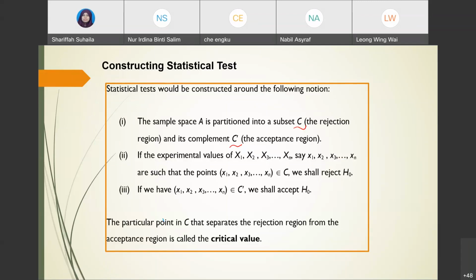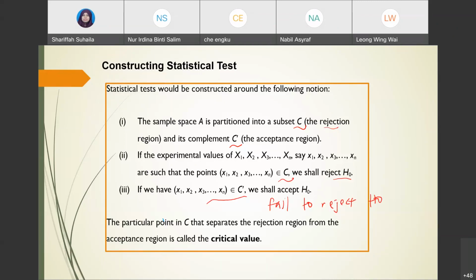So if the experimental values of x1, x2, xn are the points, so x1, x2, xn belong to C, belong to your rejection region, so we shall reject the null hypothesis. So otherwise, kalau dia belong kepada kita punya acceptance region, so we should accept our null hypothesis ataupun we can say that we fail to reject kita punya null hypothesis.